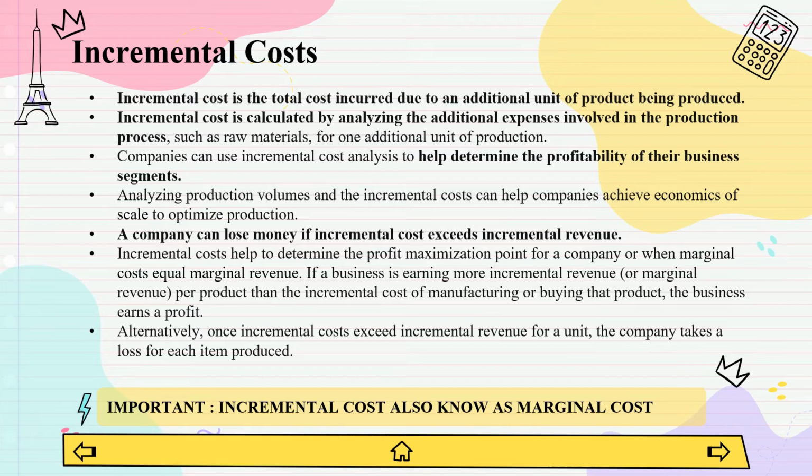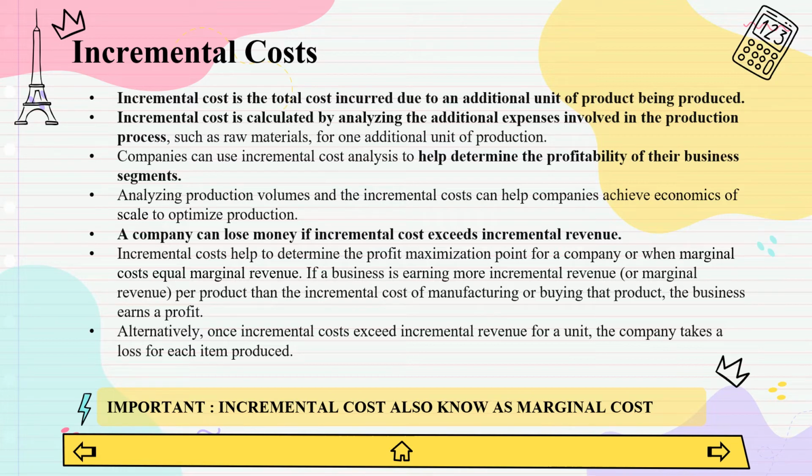A company can lose money if incremental cost exceeds incremental revenue. Incremental costs help to determine the profit maximization point for a company, or when marginal costs equal marginal revenue. If a business is earning more incremental revenue per product than the incremental cost of manufacturing or buying the product, the business earns a profit.